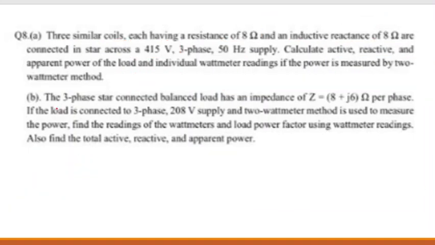Now the next question, this is also from star, from the same paper. The three-phase star connected balanced load has an impedance of this one. Whatever they have given you, you need to write it down side by side: Z is equal to 8 plus J6.